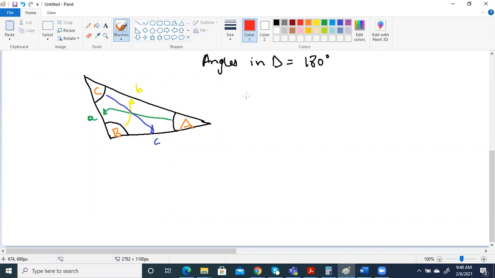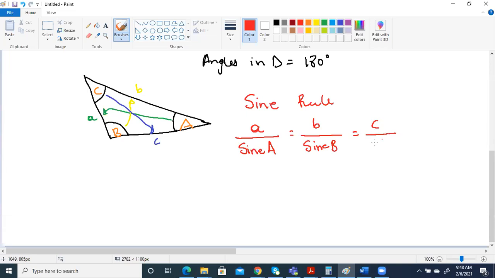So our sine rule says the side over the sine of the opposite angle is equal to the next side over the sine of the other opposite angle. And because there are three angles in a triangle, it holds true for any of them.